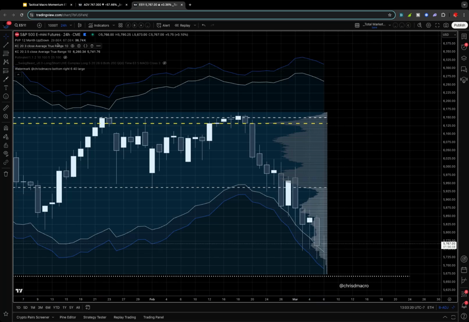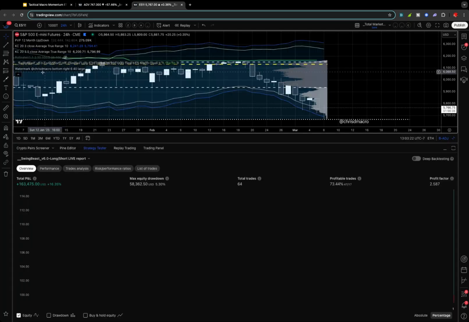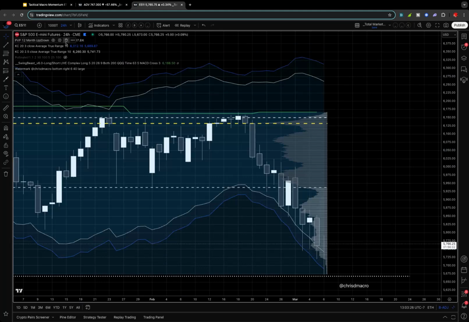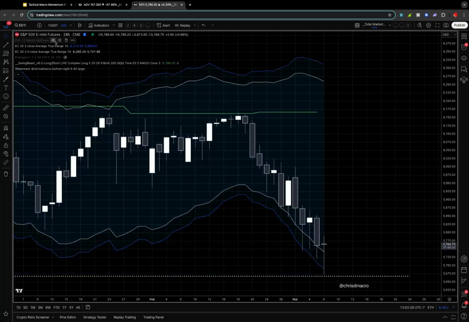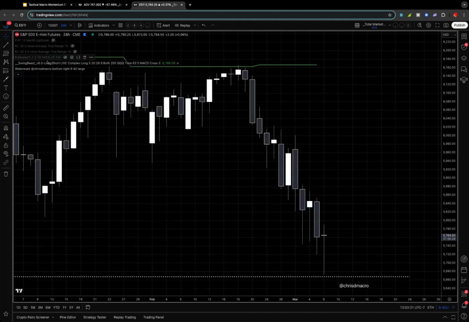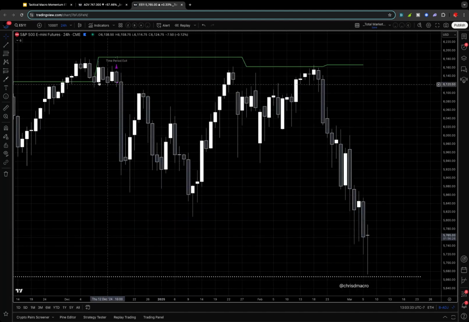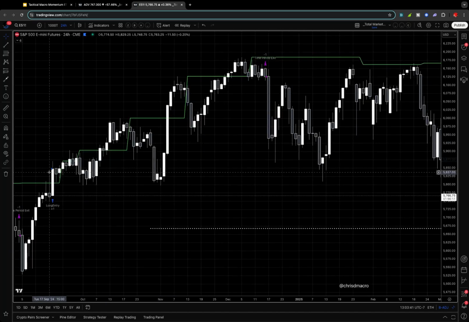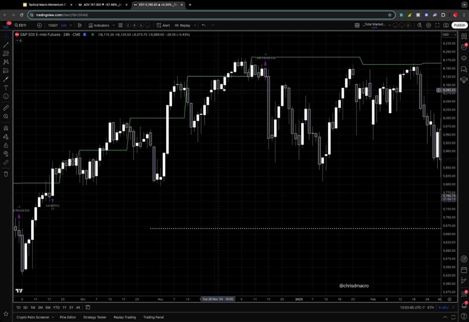The final thing I want to take a look at here is we were pulled out of this environment. Let's take these off. Our swing beast strategy took us out of everything back in December before all of this stuff happened. So we get long back in September at, let's say, 5,800, right up to 61.30 or so.